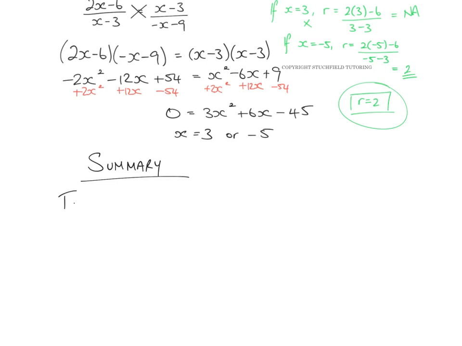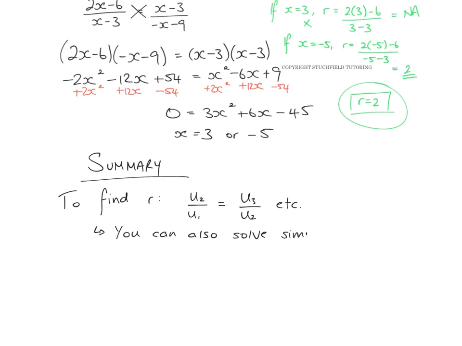Okay, so to find R, U2 divided by U1, and that is the same as U3 over U2, etc. You can also solve simultaneously, e.g. ar^5 over ar cubed is going to give you r squared. So that is about finding r.